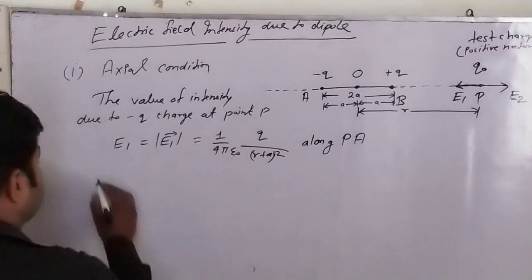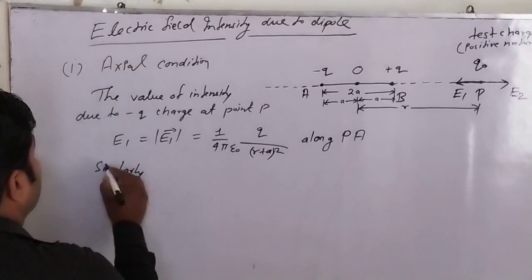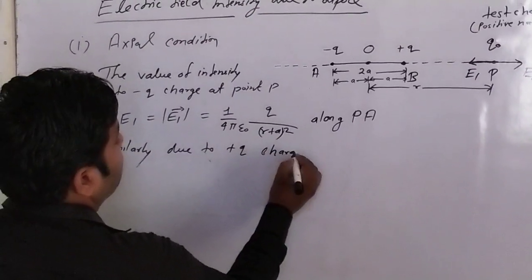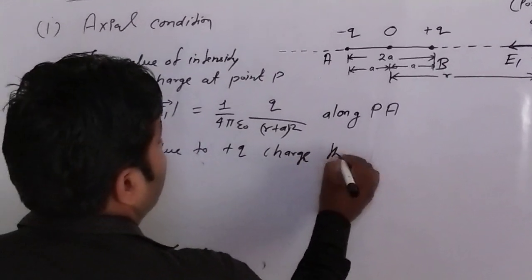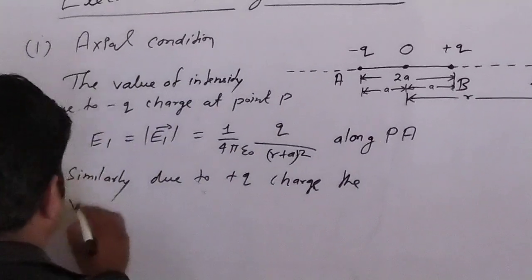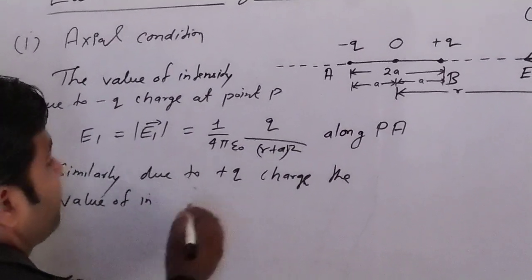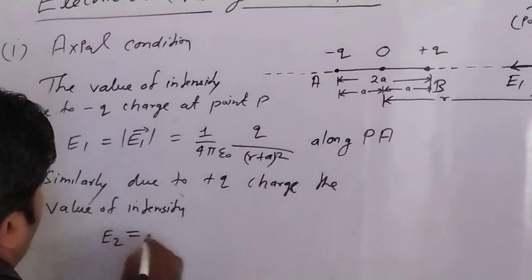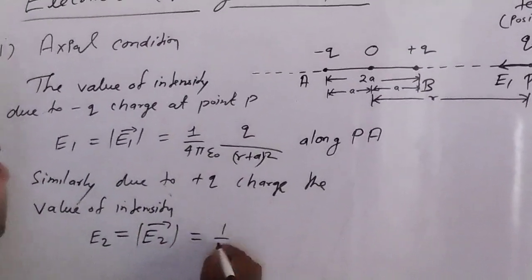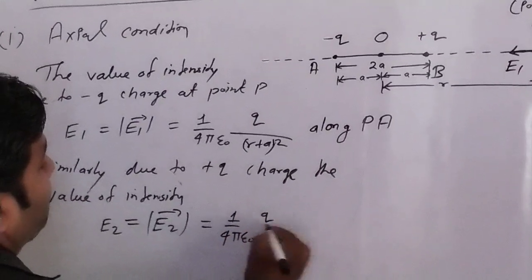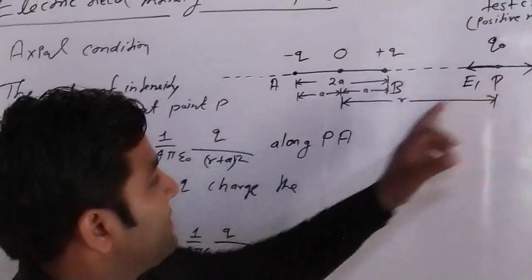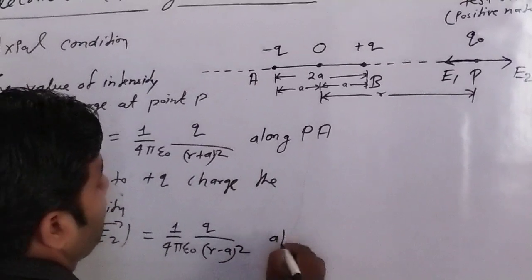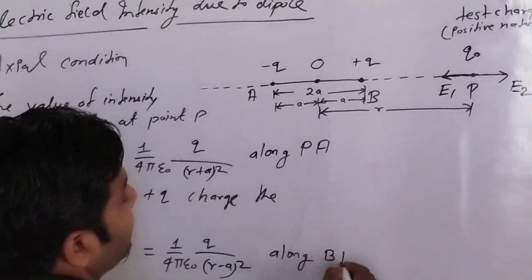Similarly, due to the plus q charge, the value of intensity at point P, that is E2, the magnitude of vector E2 is equal to 1 upon 4 pi epsilon naught q upon the distance of point B from P. The total distance from O is R, minus a, so (R minus a) whole square, along BP.